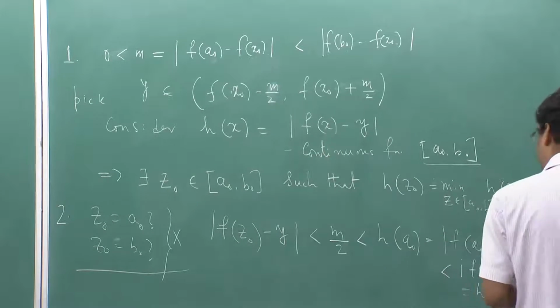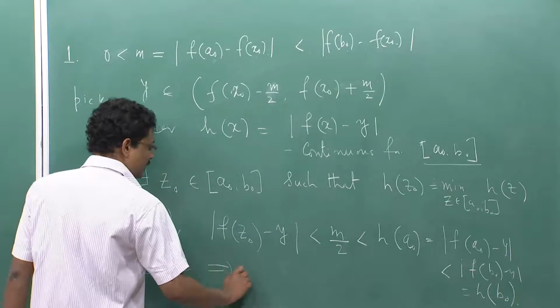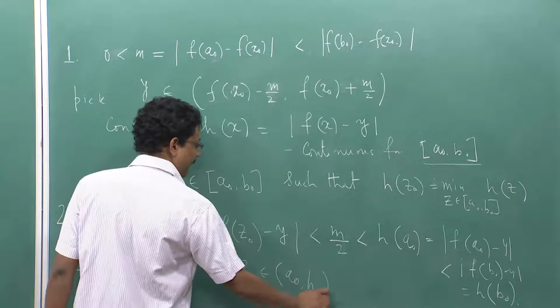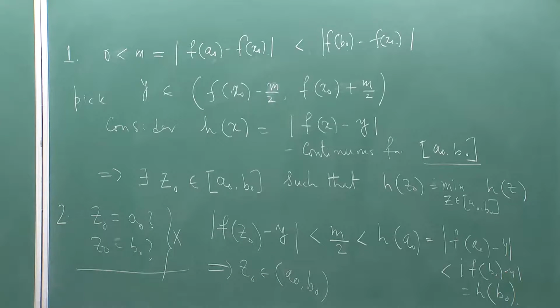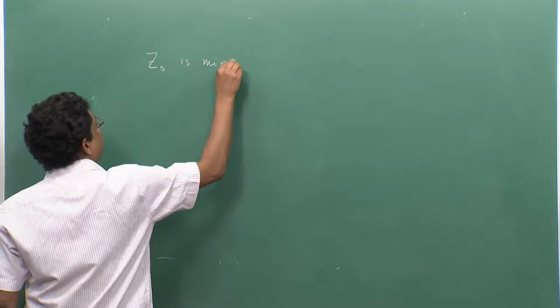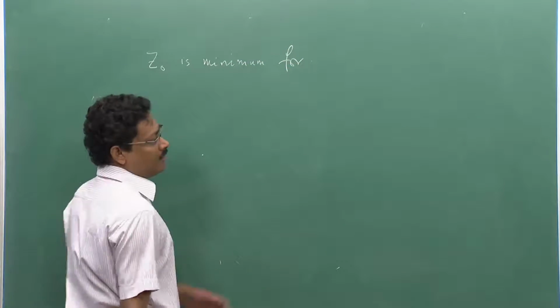But z naught is inside this closed interval, so this implies z naught is in the open interval a naught b naught. Why do I need that? Because I am going to use that z naught is the minimum for h x.